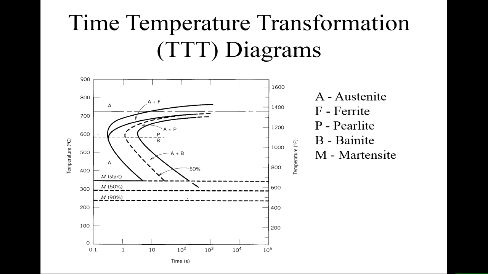And the reason that we're interested in this is if you think about a welding cycle, we have a welding torch which heats the material up from room temperature to the melting temperature of the particular material, so in steel about 1500 degrees C, and then the material has to cool down.